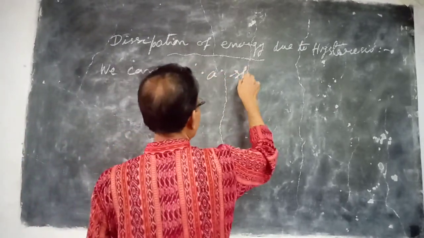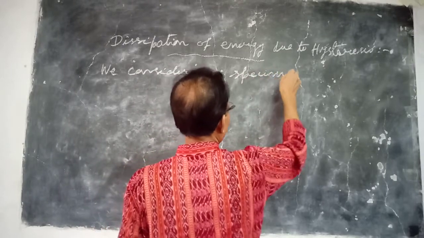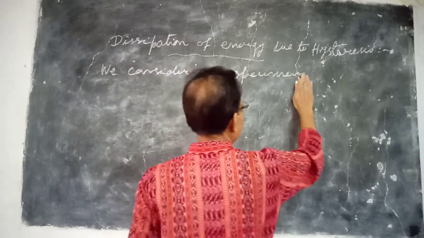Now we consider a specimen of ferromagnetic material, suppose say iron.